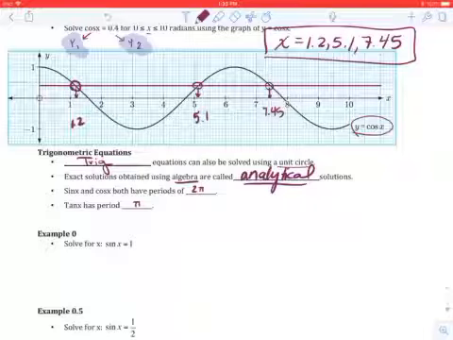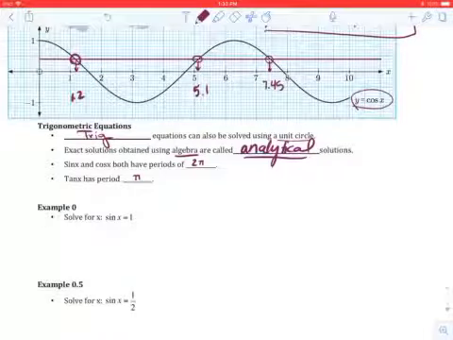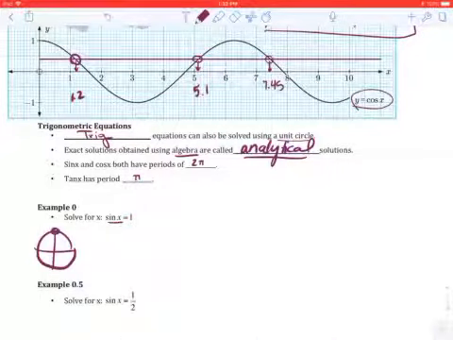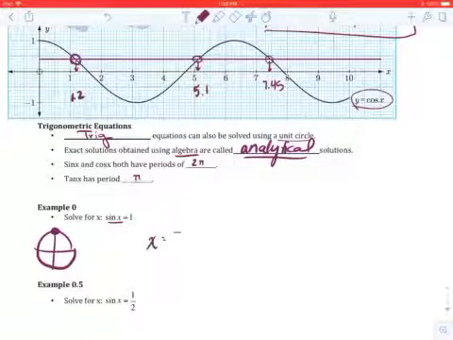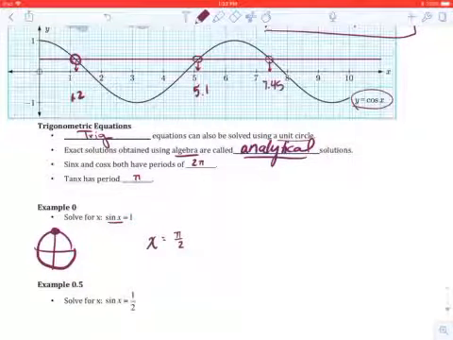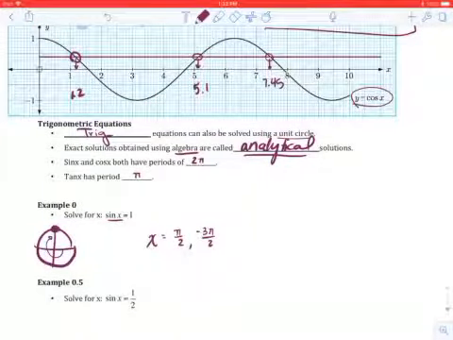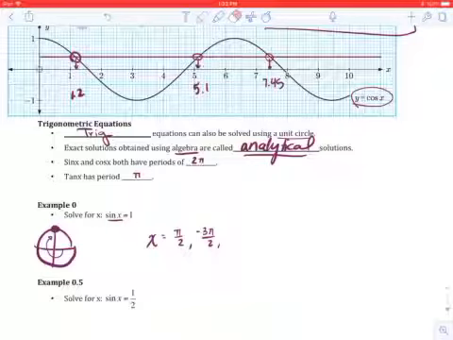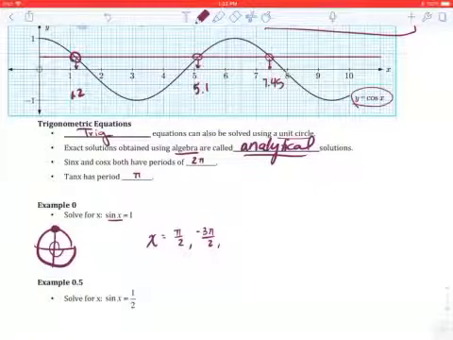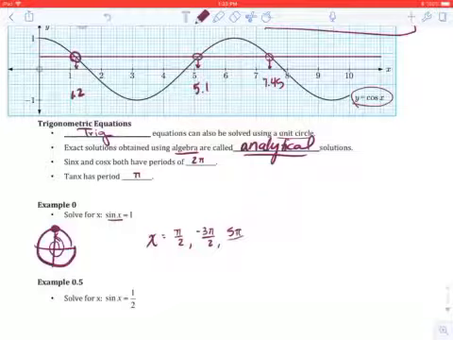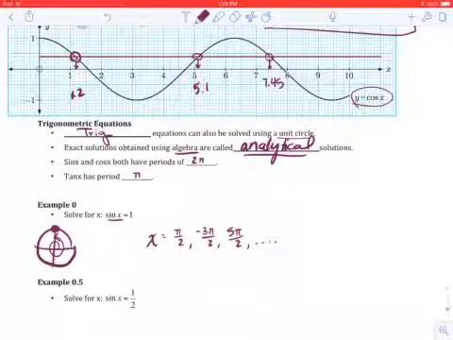So if I were to actually solve this, for example, this example 0 without a restriction, where does the sine, we're thinking y coordinate on the unit circle, equal 1? Well, we know that x could be pi over 2. But also it could be negative 3 pi over 2. Or maybe I went around the circle one and then more times. So maybe that's pi over 2 plus another 2 pi, 5 pi over 2, right? Or so on and so on.